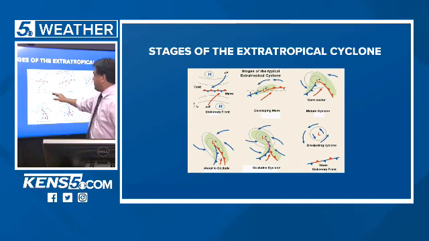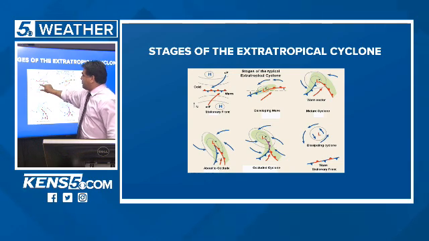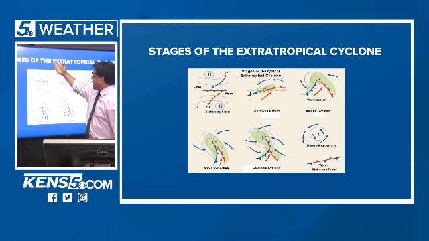So we've got different stages of the extratropical cyclone, okay? There's your frontal boundary right here, okay? It's like there's no areas of low pressure, but it separates cold from warm. And then you have that trough that comes across, the upper level divergence that causes surface convergence, and you'll have an area of low pressure develop.